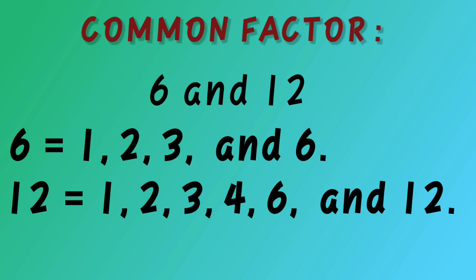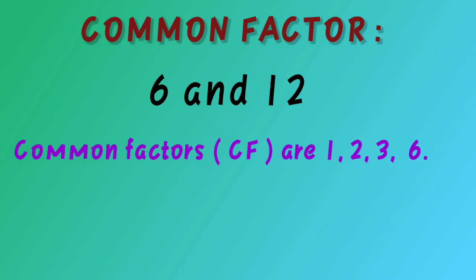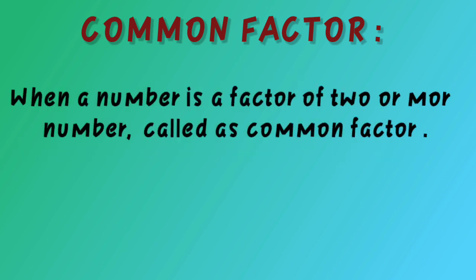So you can see 1 is present in both the factors of 6 and 12. Similarly, 2, 3, 6 are also present in both. The common factors are 1, 2, 3, 6. So now you understand what a common factor is. When a number is a factor of 2 or more numbers, it is called a common factor.